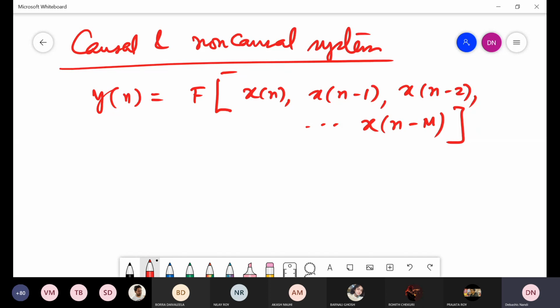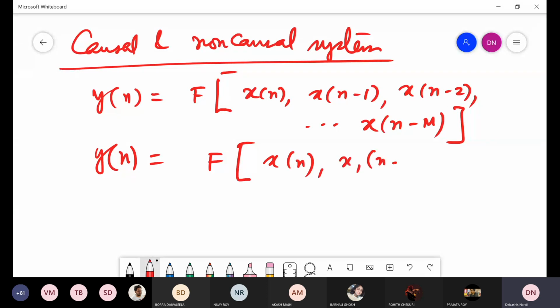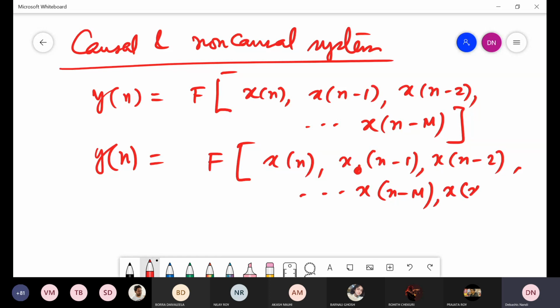But for a non-causal system, y[n] is equal to a function of the present, and past inputs also, and at the same time x[n plus 1], x[n plus 2], up to x[n plus N].